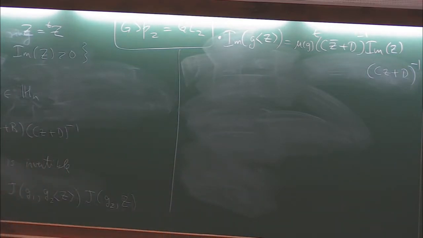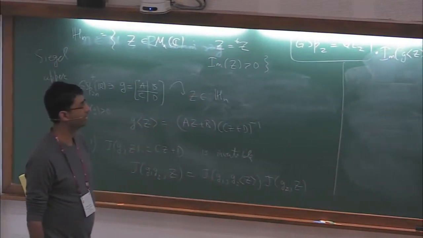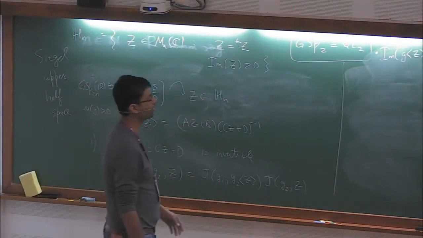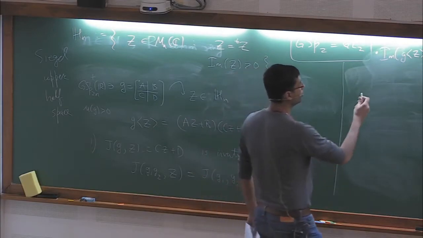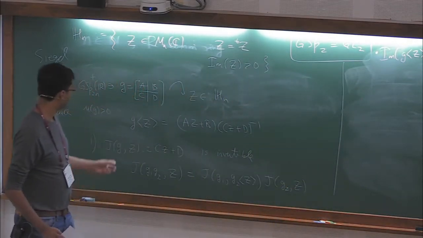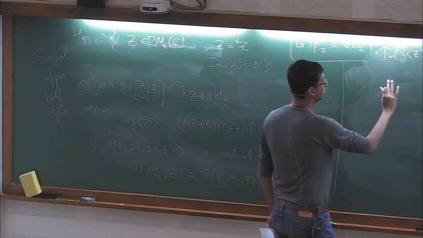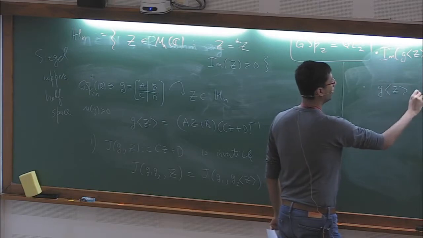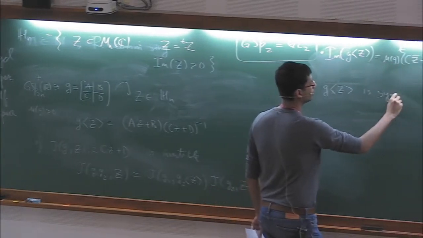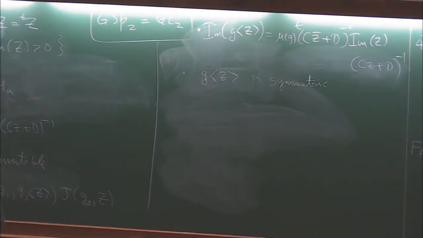In the higher genus, you have to work with matrices, and something like this gives you that this is indeed positive definite. Also, using the defining property of being a symplectic matrix, you can show that what you get here is also symmetric. This is some exercise using the defining properties of a symplectic matrix.